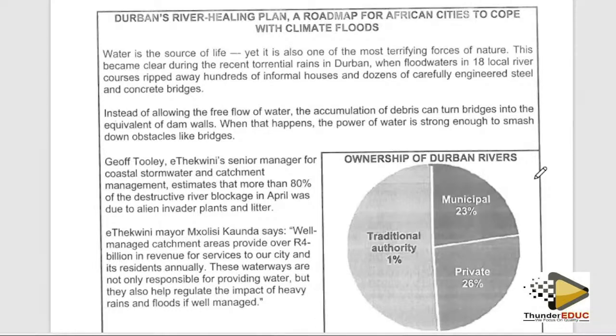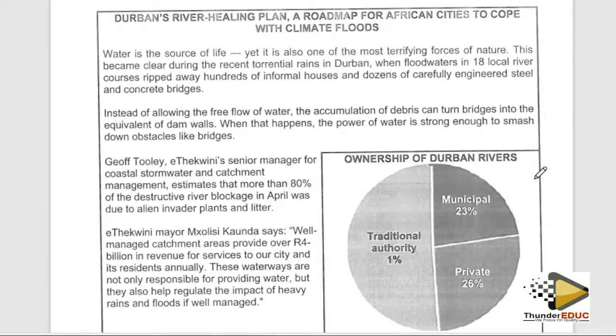This became clear during the recent torrential rains in Durban, when flood waters in 18 local river courses ripped away hundreds of informal houses and dozens of carefully engineered steel and concrete bridges. Instead of allowing the free flow of water, the accumulation of debris can turn bridges into the equivalent of dam walls. When that happens, the power of water is strong enough to smash down obstacles like bridges.